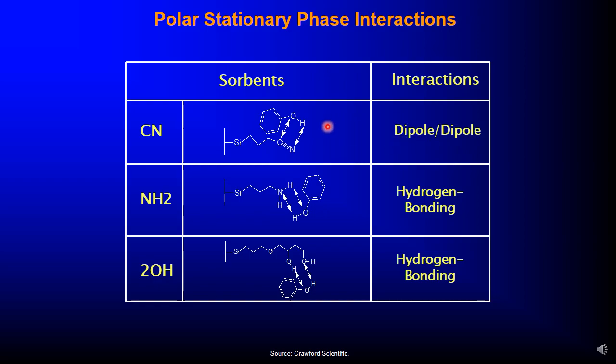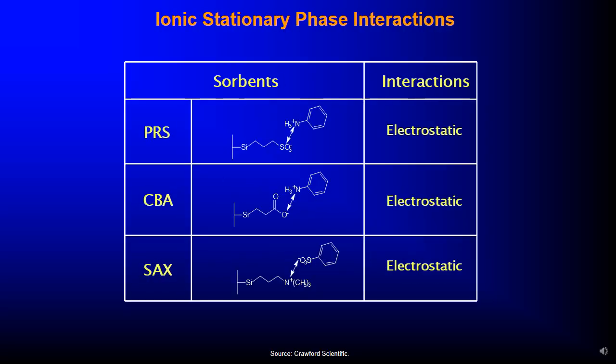It's like this one is dipole, then amine, hydrogen bonded, then diols, hydrogen bonding. So you can see the interactions. Then ionic stationary phase interactions, where we have electrostatic.